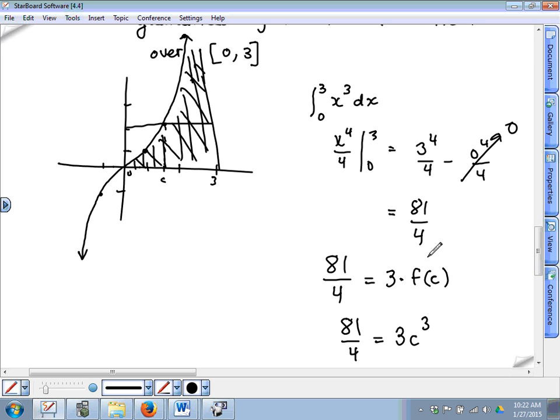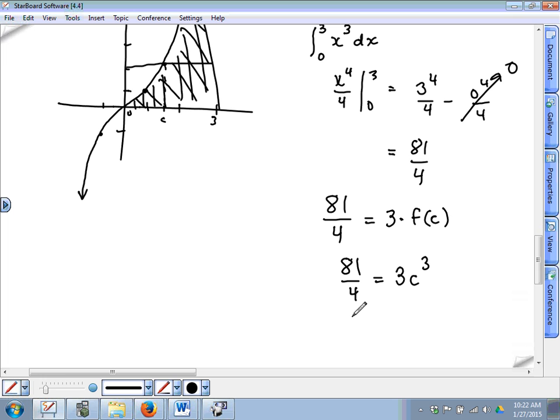You just plug in c for x. Divide by 3, or multiply by 1/3, so we have 81 twelfths.